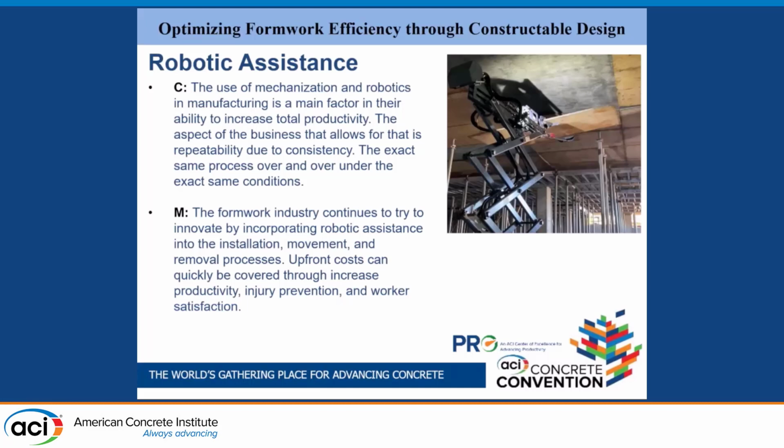The reason that they do that is that they have the exact same process over and over, the exact same way, in the exact same conditions every single time. And so if we can do our best to replicate that, every single day the worker comes in and does the exact same thing, well, if we can get to that point, now we can start figuring out how to mechanize that.